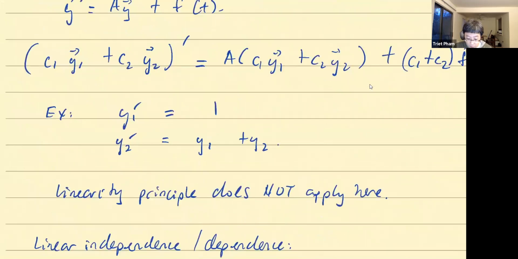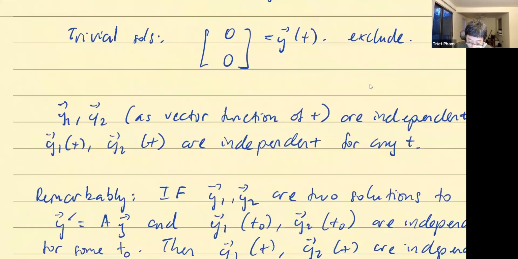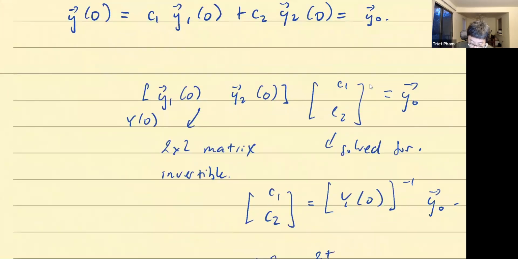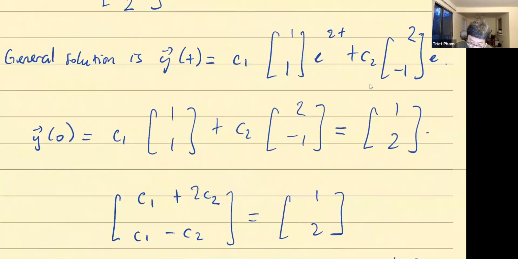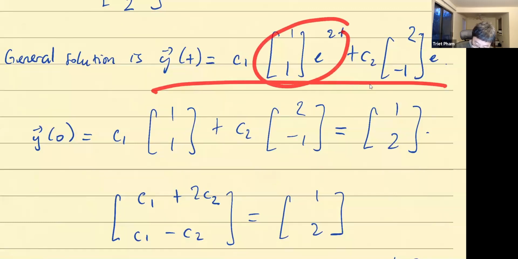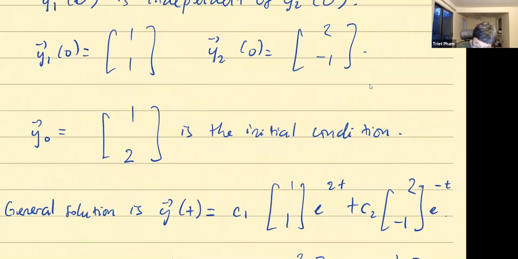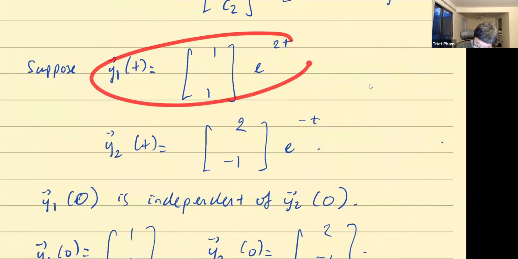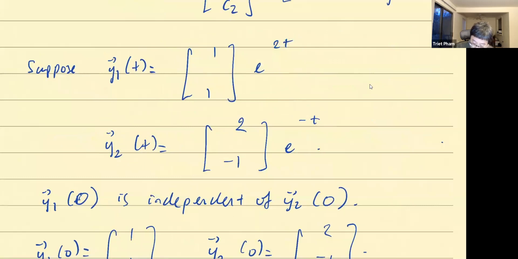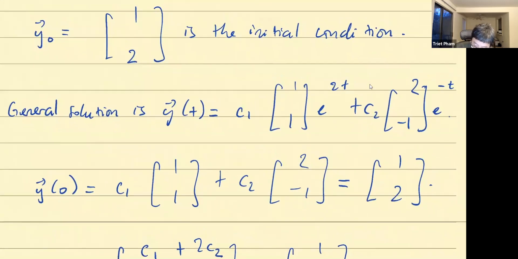Just clarifying notation here. For example, when I do this, this is vector y1 as I wrote. This is vector y2. But if you want the scalar y1, then the scalar y1 will be c1 e^(2t) plus 2c2 e^(-t).